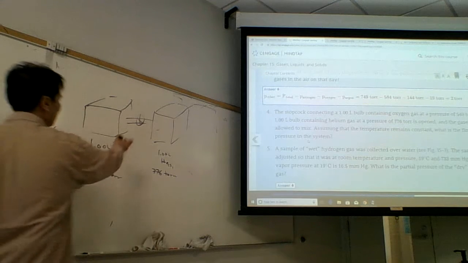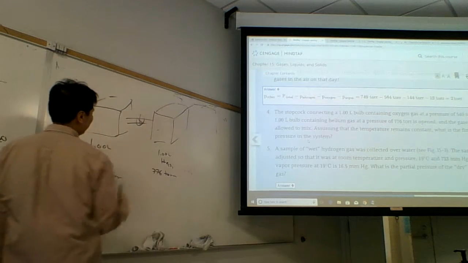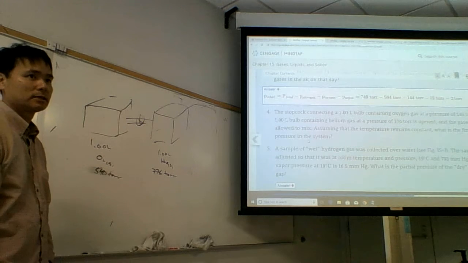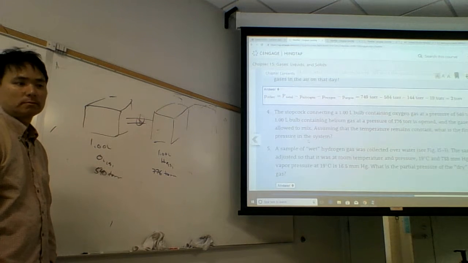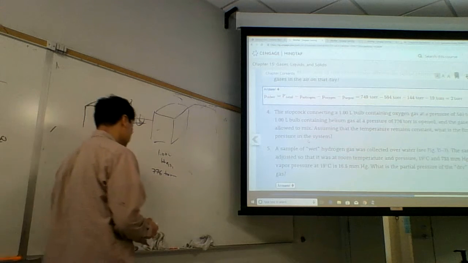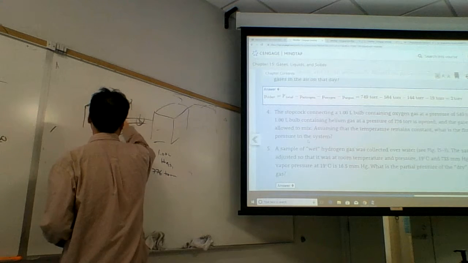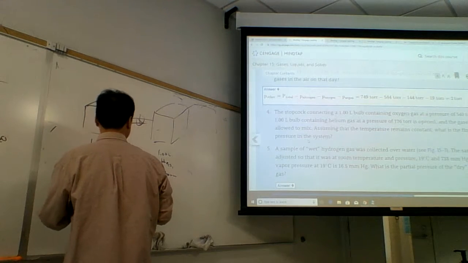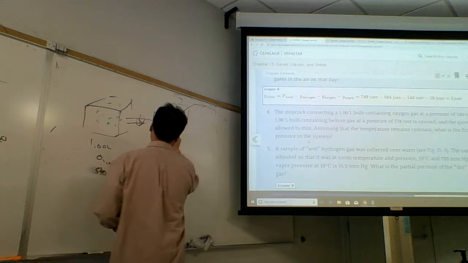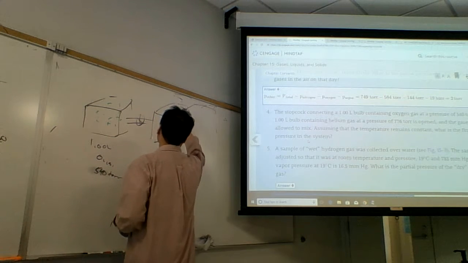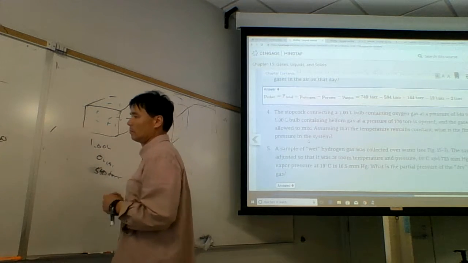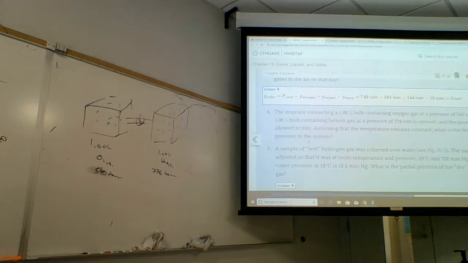So if I open this valve, what's going to happen? Well, if I open the valve, then the 2 gases can mix. They're no longer separate. So this is a combination of problems.